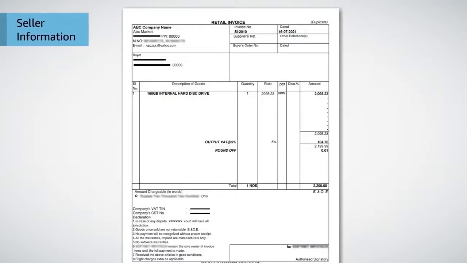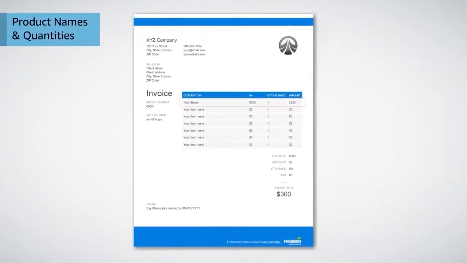Seller information. The invoice must contain the seller's legal business name and address saved on the seller account information page in Seller Central. Product names and quantities. The invoice must include identifiable product names and belong to the brand, ASIN, category, or product group specific to what they are applying for.